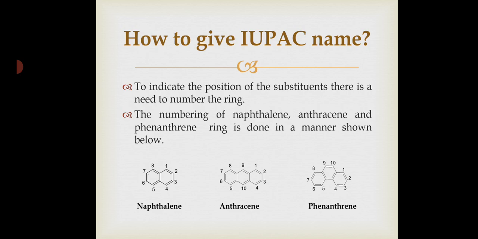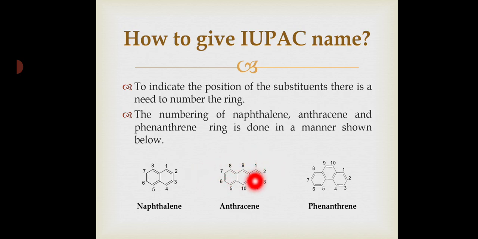So, the carbon next to the fused carbon is numbered as 1. You can number this as 1, or this as 1, or this position as 1, or this position as 1, and accordingly we put the other numbers.